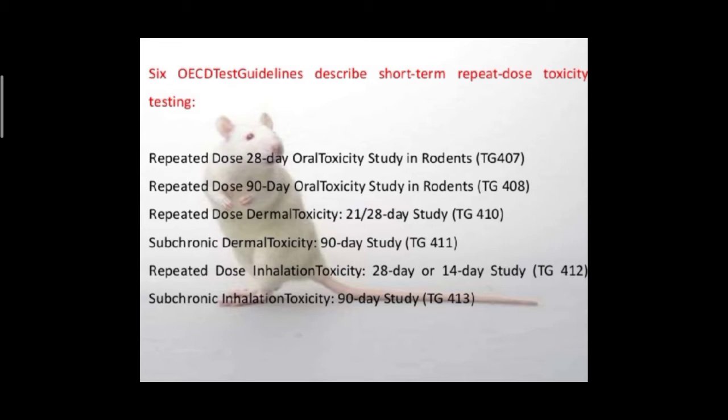You can observe the procedures to follow to do the preclinical studies. If you see the 412 and 413 for the inhalations, what you will take as inhalations, right? Inhalation pharmaceutical products. For that, in the preclinical studies, they will follow the guidelines of 412 and 413 for the specific days.